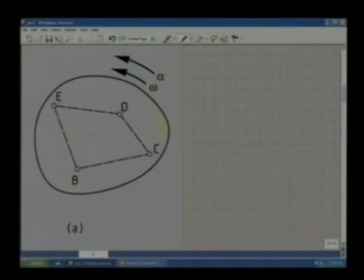This is a quaternary link connected to 4 other links at points B, C, D and E. And say the angular velocity of this particular link is omega.